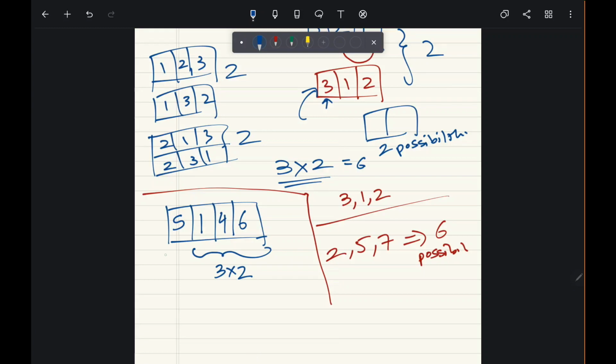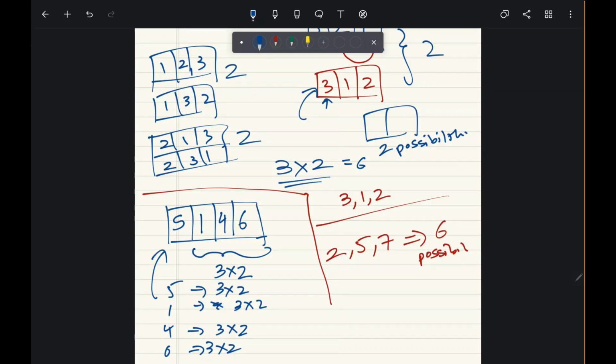And for the first box, any of these 4 numbers can take its place, so 5, 1, 4 or 6. And for any number, there are going to be 3 times 2 cases of arranging the other 3 boxes. So 3 times 2 for everyone.